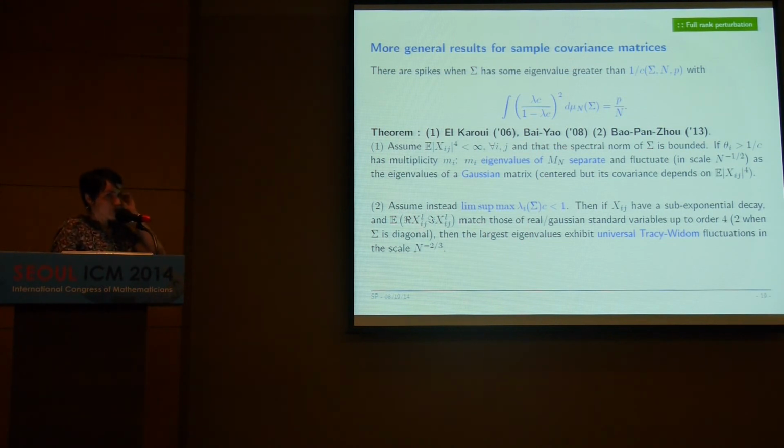And also we know that when there are no outliers, the largest eigenvalues will exhibit necessarily Tracy-Widom fluctuations. Okay, so the reason why it's more simple for sample covariance matrices is that there is more averaging in the entries of a sample covariance matrix. One entry is already an average over IID random variables.